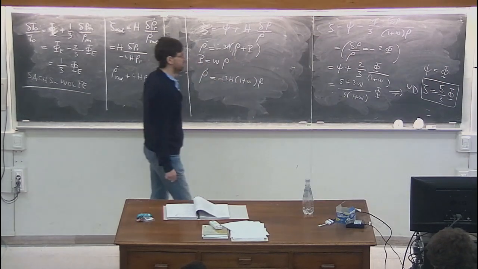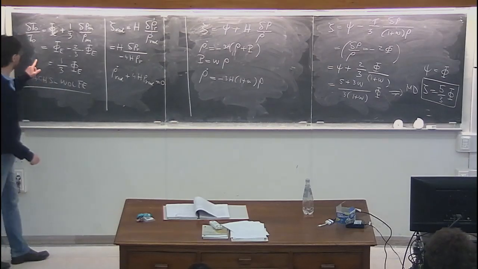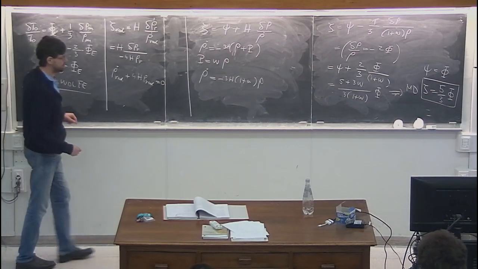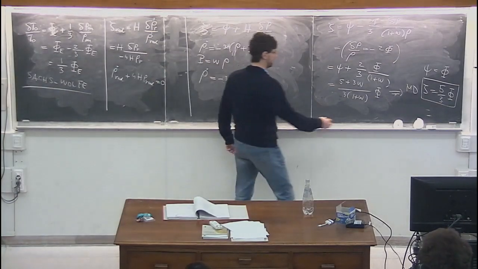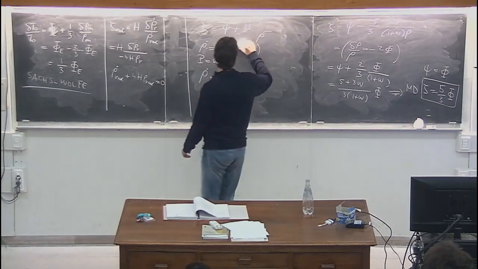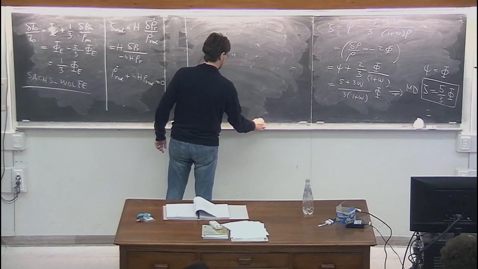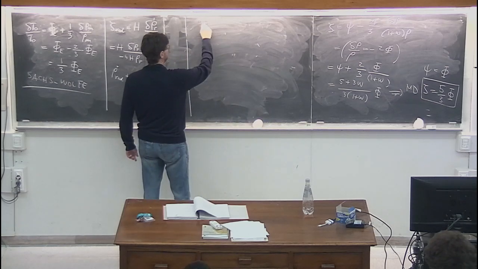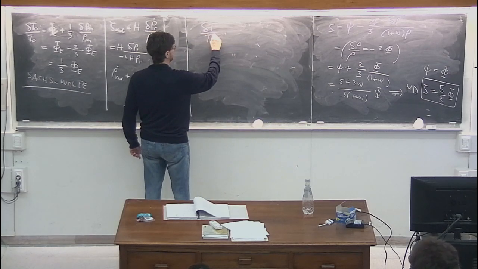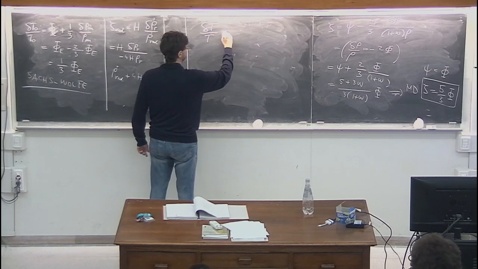Okay? And therefore, when I go back to this relation, let's write it down on the top of the blackboard, otherwise it's squeezed. So I get delta T over T, which is equal to 1/3 of phi.